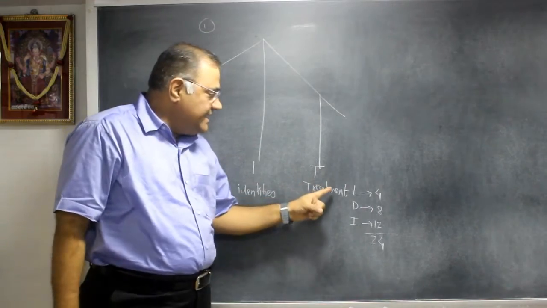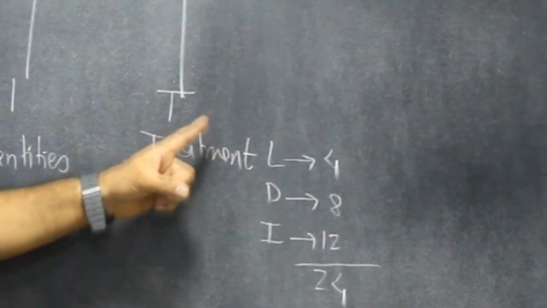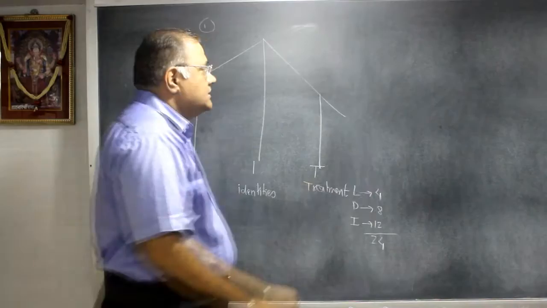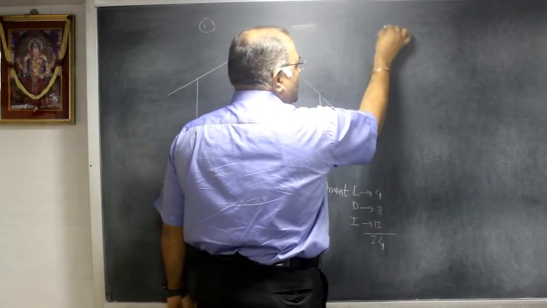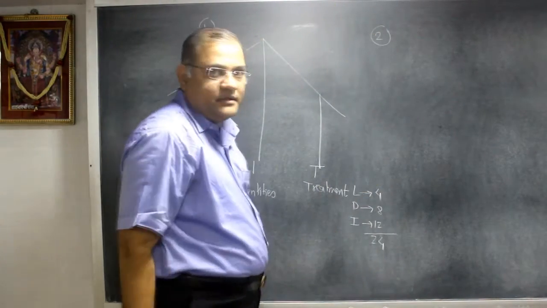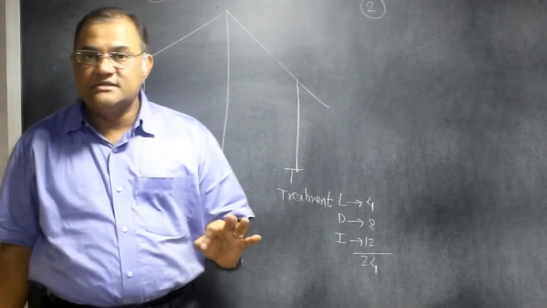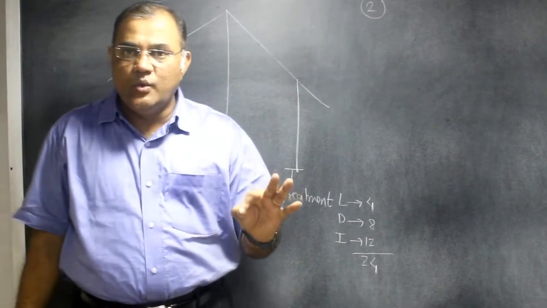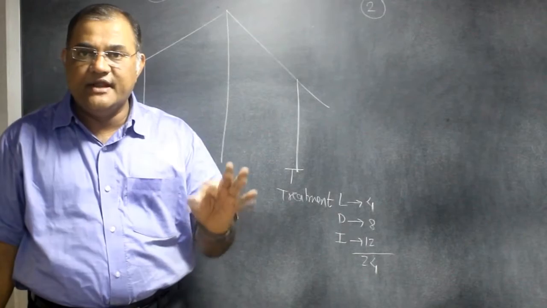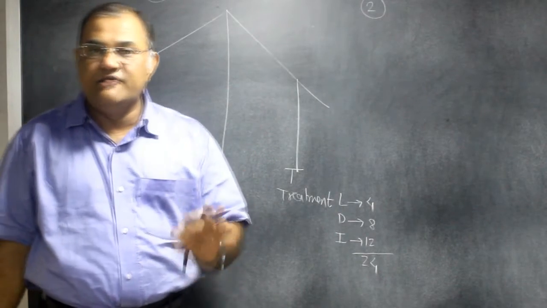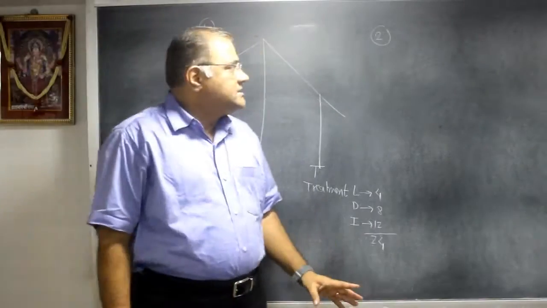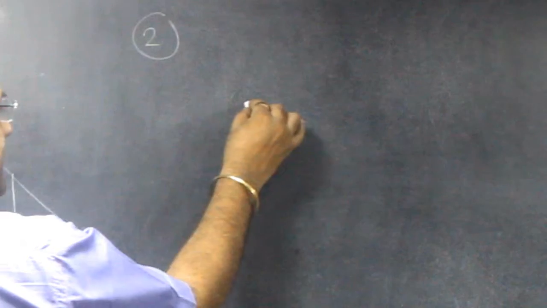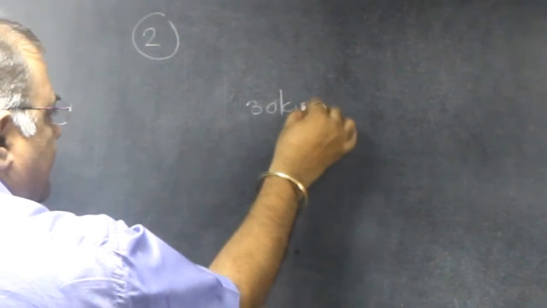Now I said here treatment according to the type of the function. So let's understand what we mean by function. In simple terms, function is the equation between independent variable x and dependent variable y. Suppose a driver is moving with the speed of 30 km per hour.